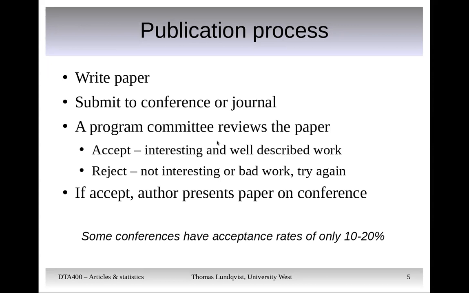Then there is actually a review process. So a program committee reviews the paper and finds if it's accepted or rejected. If it's accepted, the author presents the paper at the conference, and it will be an official publication. Otherwise, it's unpublished work, and that's not as high quality as published work.